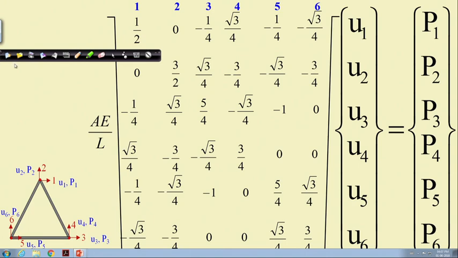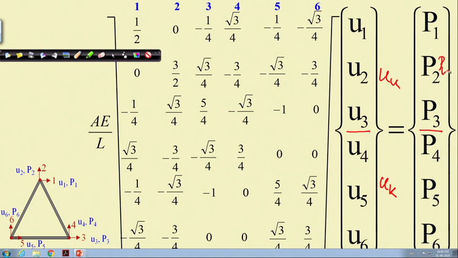Now, you partition the load vector as well as the displacement vector: it is U unknown, U known, and P known, P unknown.